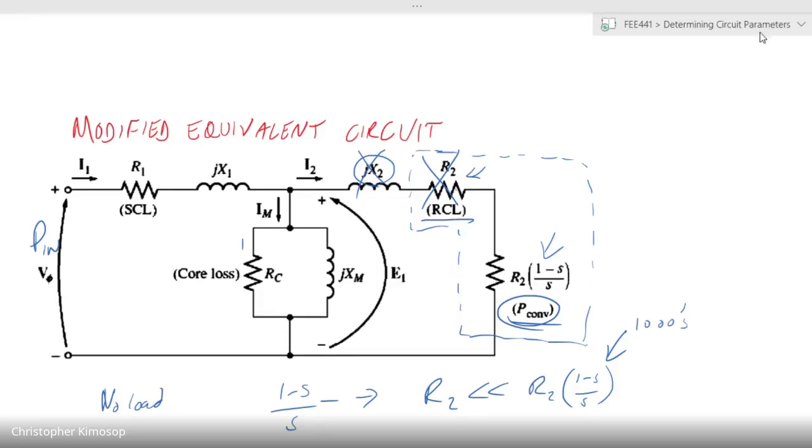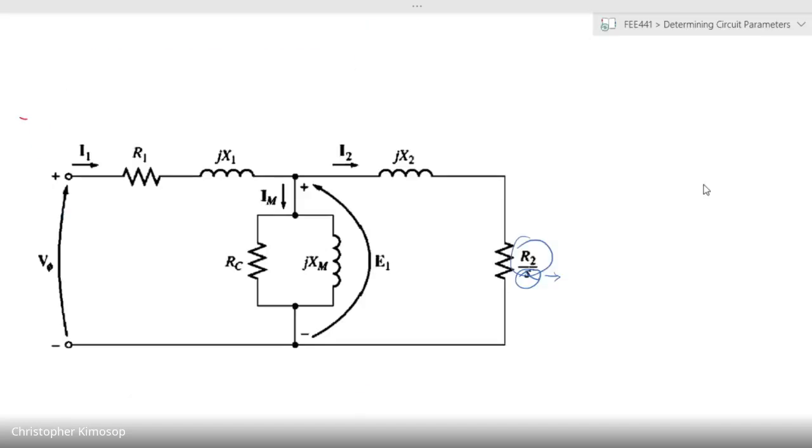You're left with only an R2, okay, because we have the original equivalent circuit, right? So that now becomes an R2. What does that mean? It means that in this case, because your resistance is very low, there is no slip, the slip is 1. So there is no slip that is magnifying the value of this element. Because this is very low, this arm has a low impedance. What does that mean?